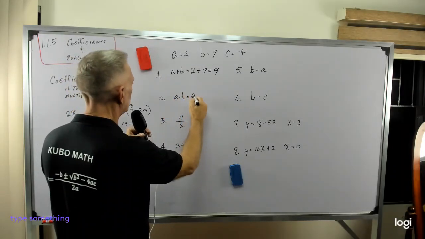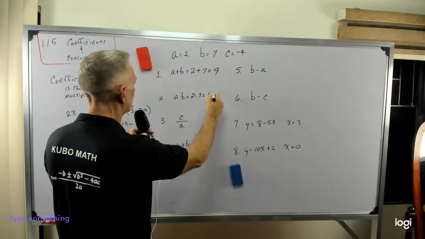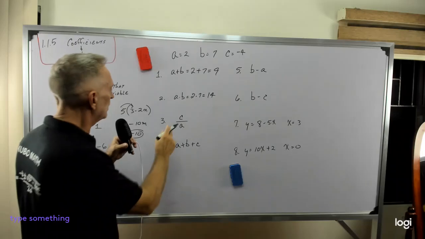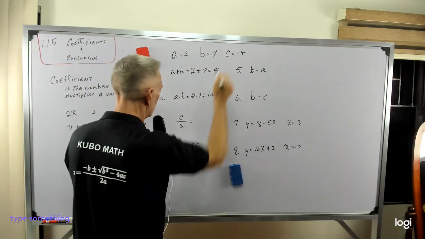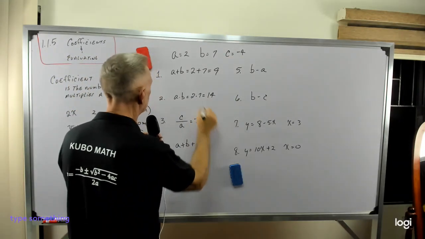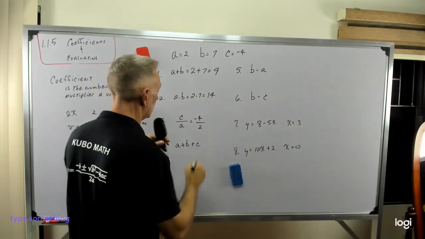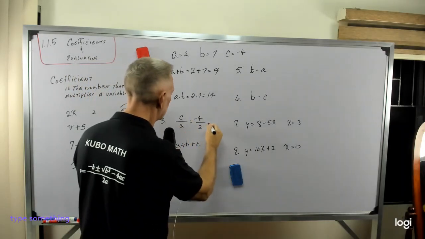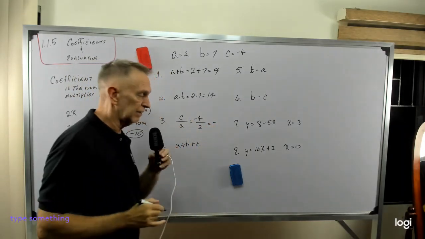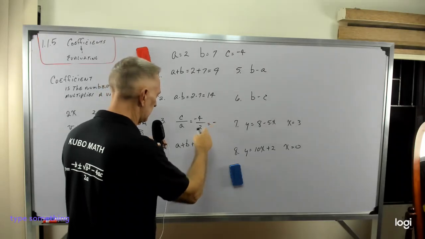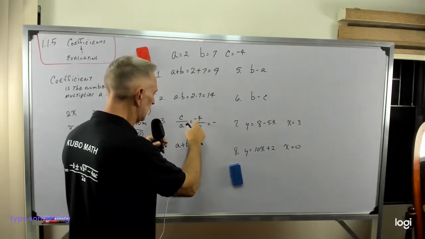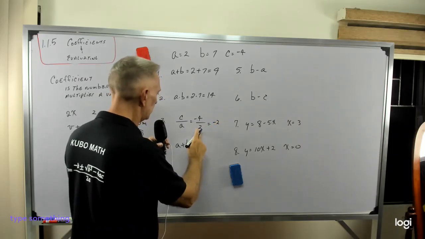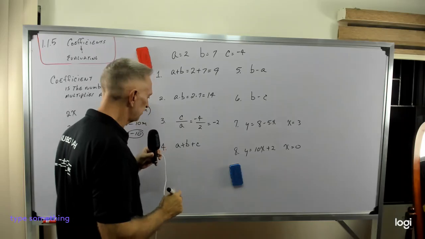Well, that's 2 times 7, and that equals 14. Now c divided by a. So c was negative 4 divided by 2. Oh, here comes one of those rules. Negative divided by positive is a negative. So now this number times this one has to give me a negative 4. So negative 2 times positive 2 gives me a negative 4.